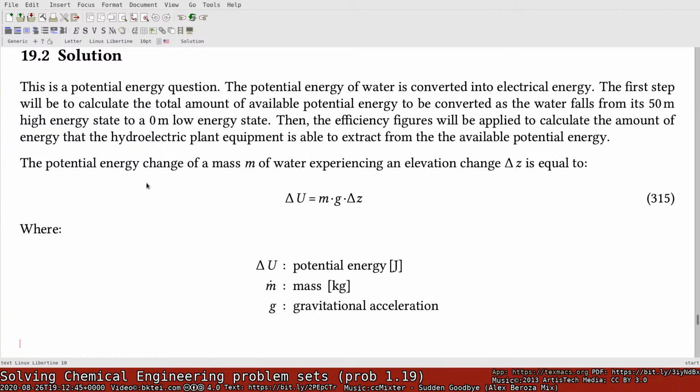Yeah, they don't really talk about rates yet, do they? However, in order to calculate a rate, change potential energy over time.